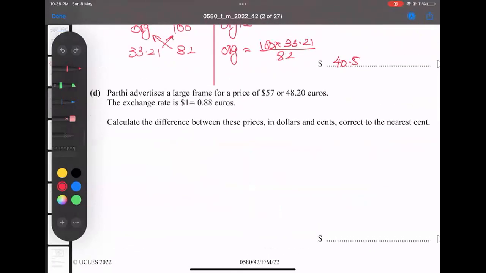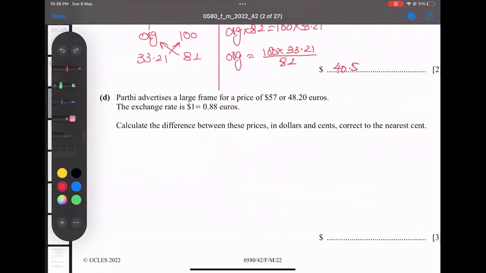Now P advertises a large frame for a price of this much, or this much in euros. So 2 currencies are there, dollars and euros. So the exchange rate is given here, and we have to find the difference between the two prices in dollars. So it means euros I must convert into dollars. So let's see.